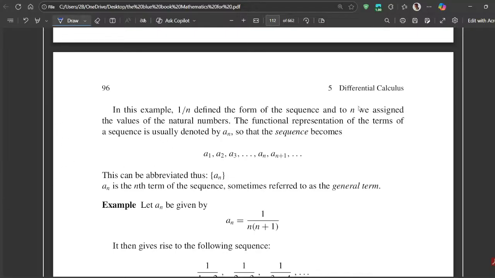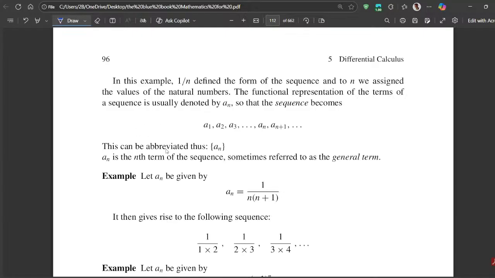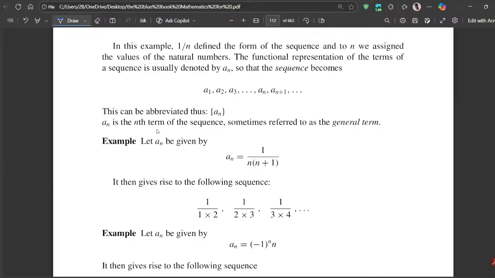So here he basically says that n is the number that we are putting in this function. We represent it by saying the function a_1, so 1 is put in place of the variable. This can be abbreviated thus: a_n is the nth term of the sequence, sometimes referred to as the general term.